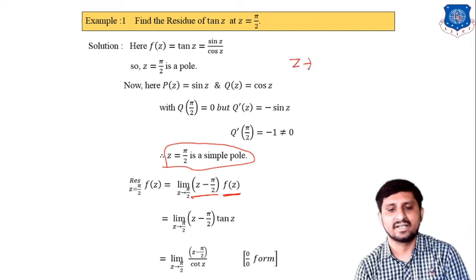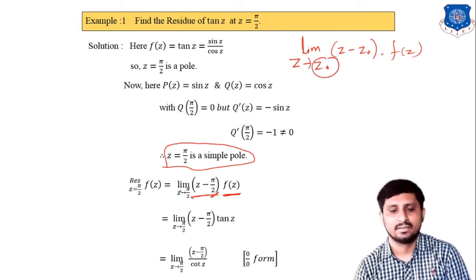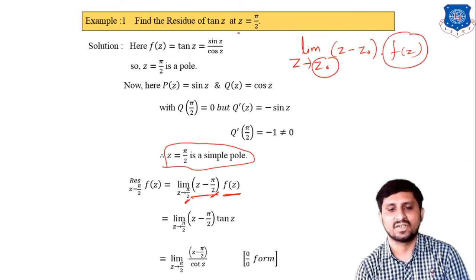The limit as z tends to z0 of (z minus z0) into f of z. What is my z0? Instead of z0, I have to put pi by 2 here. Clear? And instead of f of z, what is my function? The function is tan z.